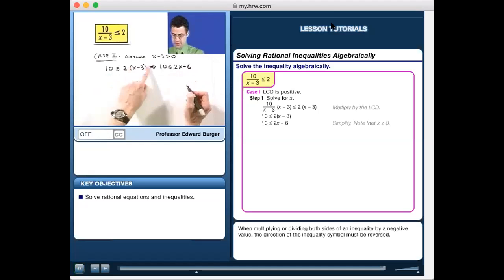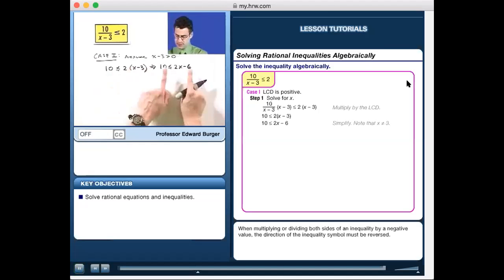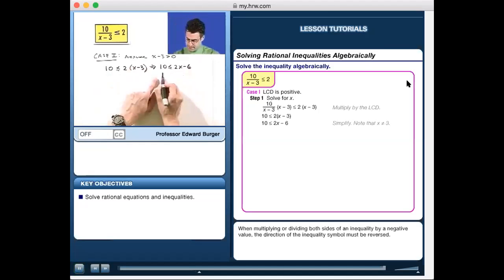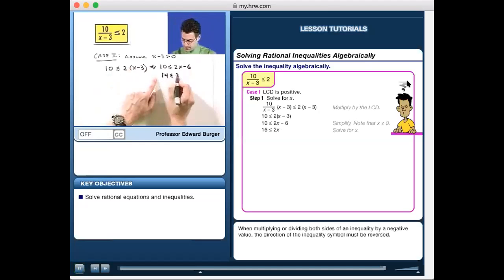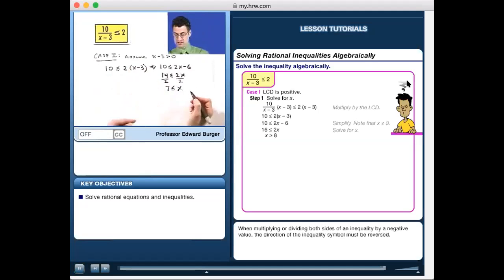I distributed the 2. I'll add 6 to both sides. That makes this a 14. Divide both sides by the positive number 2, so the inequality symbol doesn't reverse. And I'm just left with 7 is less than or equal to x. So it seems like the answer is that 7 is less than or equal to x.